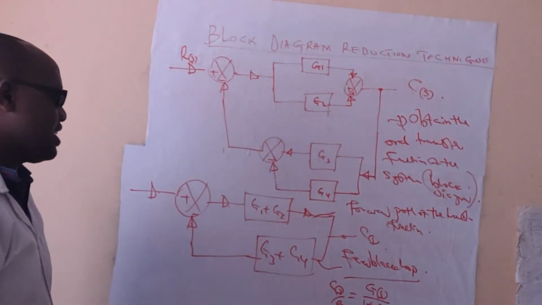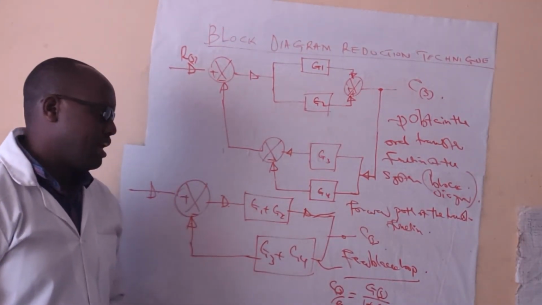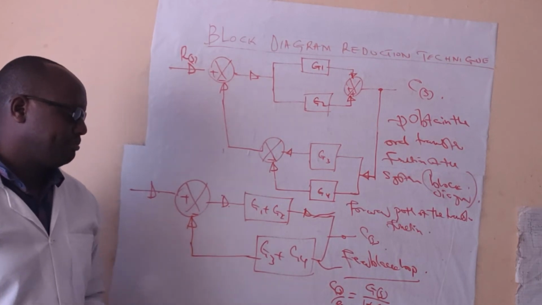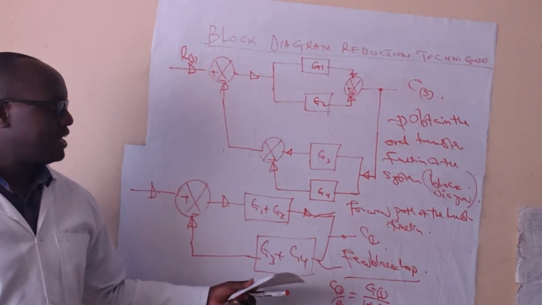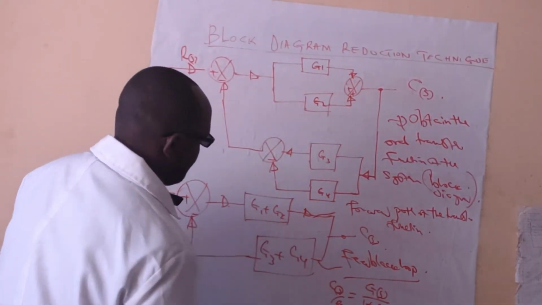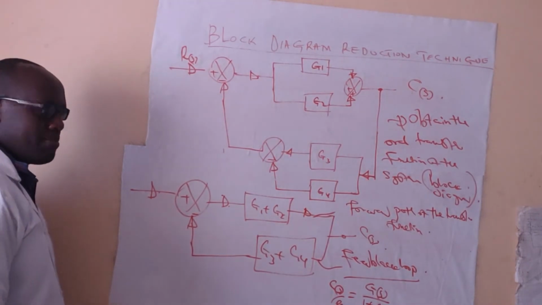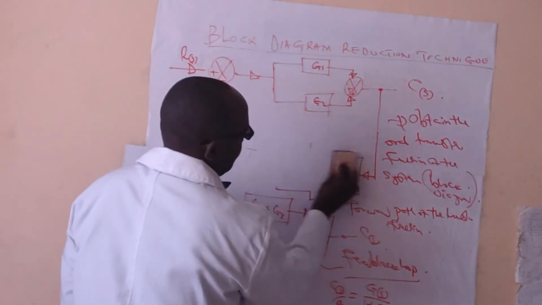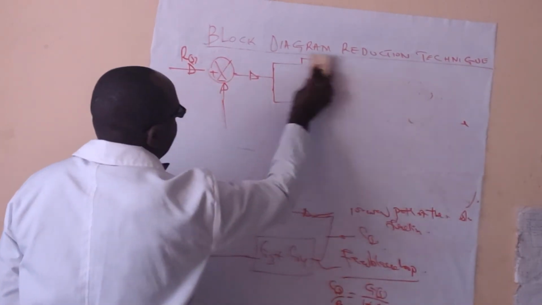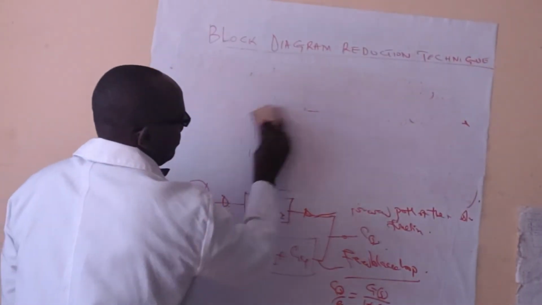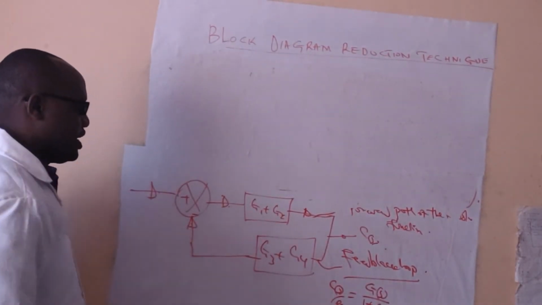Remember, in our previous lesson we derived this equation, so we are now applying it. We want to reduce this based on rule number 7.